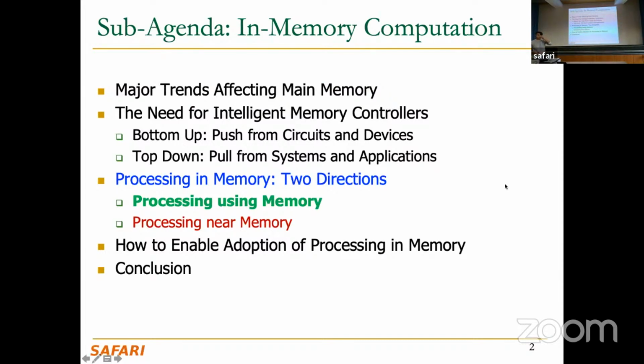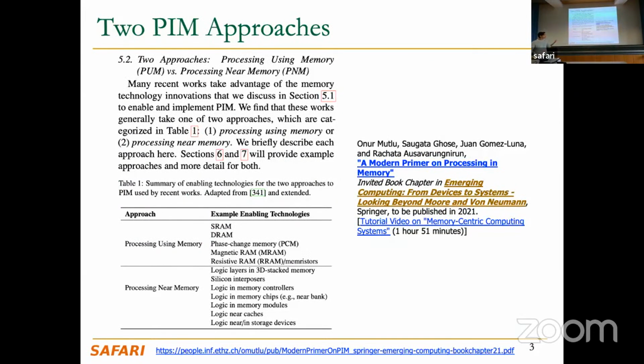We will discuss different things that still need to be changed in existing computing systems in order to enable processing in memory capabilities and make these systems more data-centric in the end. Feel free to stop me and ask any questions as they are needed.